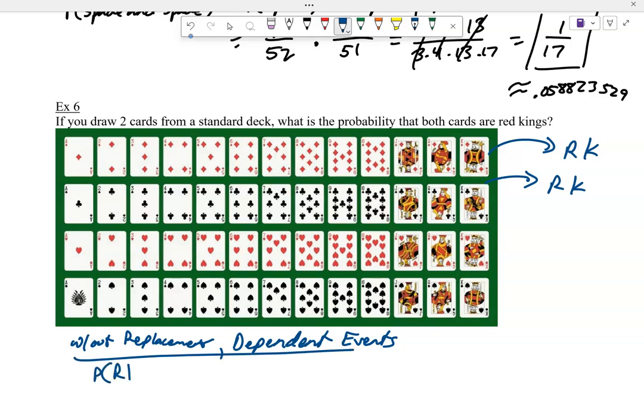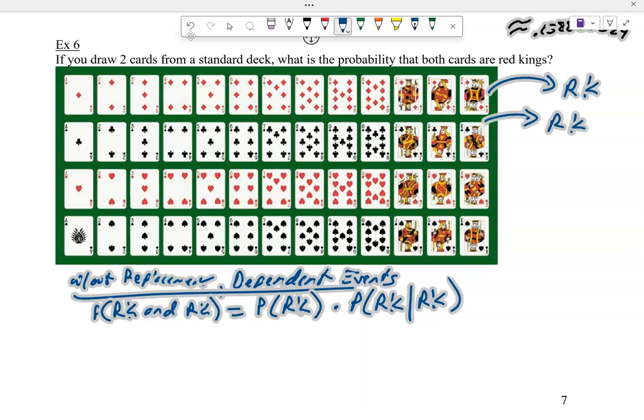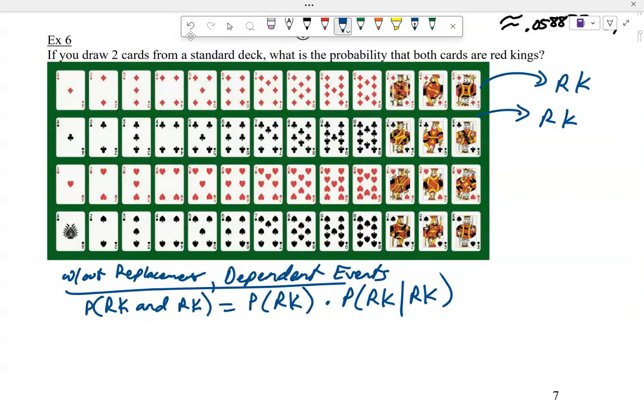The probability of a red king and another red king is the probability of pulling a red king times the probability of pulling a red king, given that I already did pull a red king. All right, so how many red kings are there? Let's see. Well, there's 4 kings, but only 2 of them are red. So there's 2. I have a 2 out of 52 probability of pulling a red king.